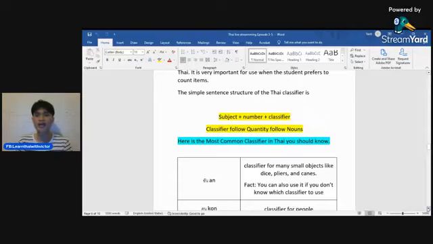In this way I will put the word ลูก here: กล้วย 2 ลูก. See, the subject is the word banana, กล้วย, the number is 2, and the classifier is ลูก. So in summary, the classifier follows the quantity and the quantity follows the noun.